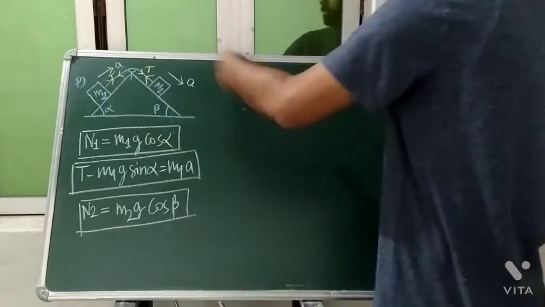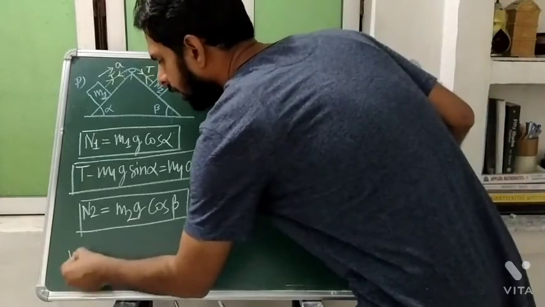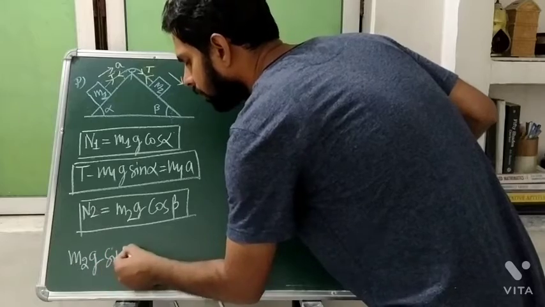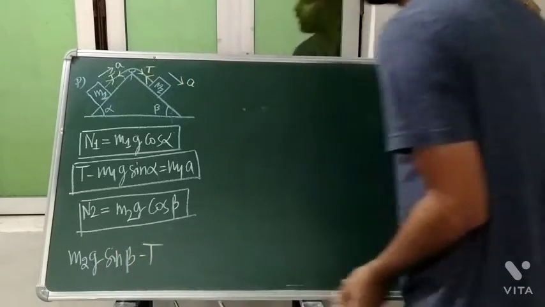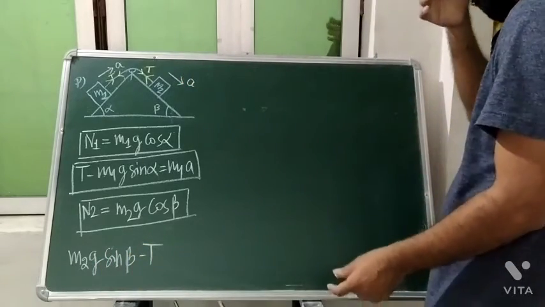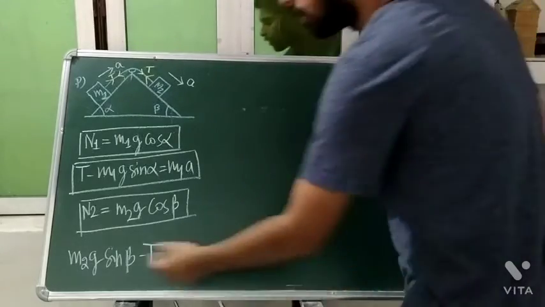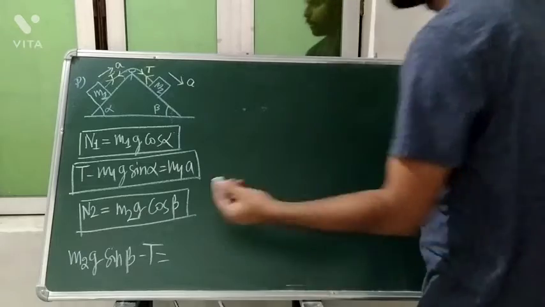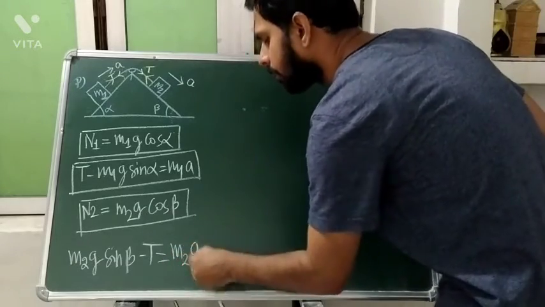Either side you can take as positive. This was our positive, so we can write M2G sin beta minus T, the external force, and that should be equal to mass times acceleration.